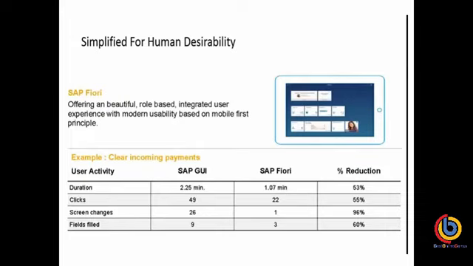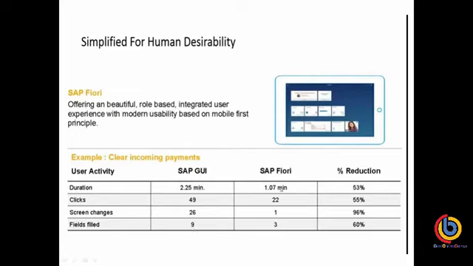Basically SAP has given this data; we have not calculated the entire thing. For example, clearing incoming payments in the GUI: the user activity, that is the duration, clicks, screen changes and fields filled. It took 2.25 minutes in the GUI, with 49 clicks, 26 screen changes and 9 fields filled.